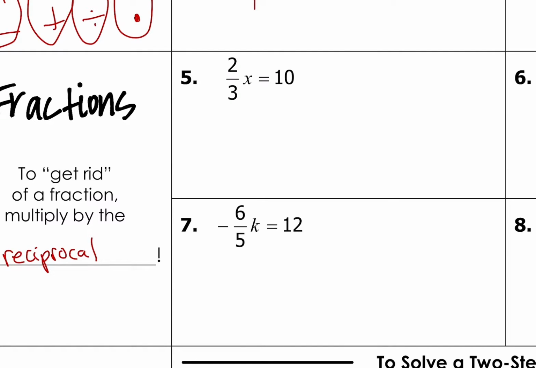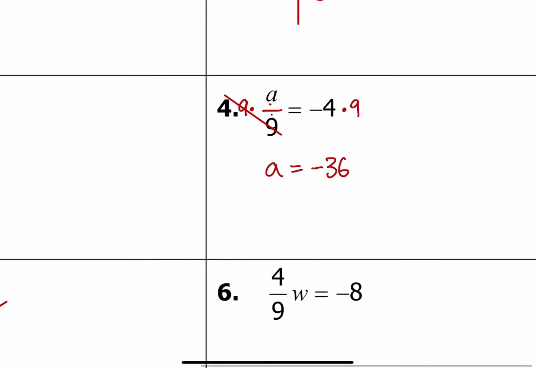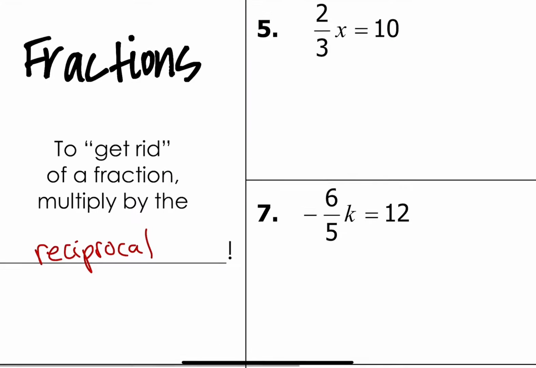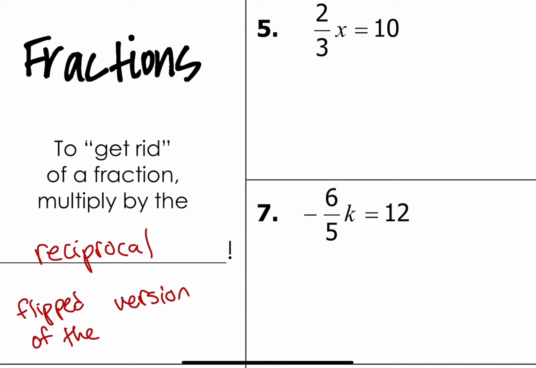The reciprocal is just going to be the flipped version of the fraction. So you're just going to multiply by that flipped version, and they will turn into a 1.